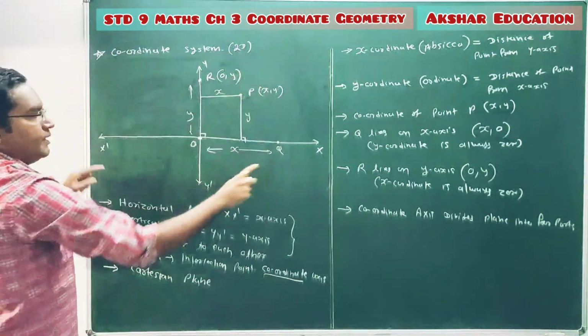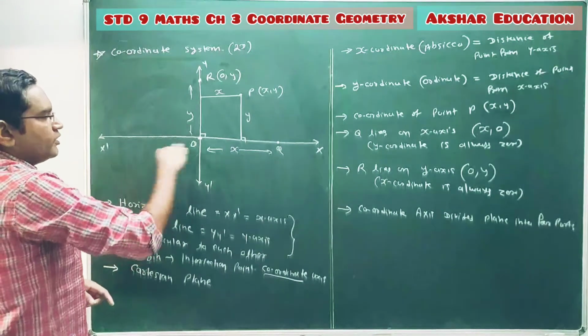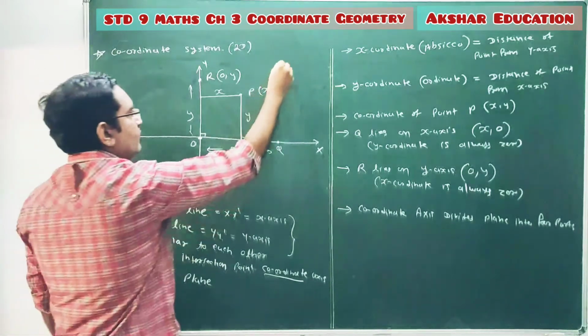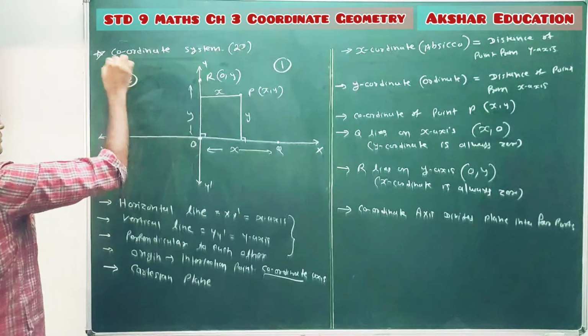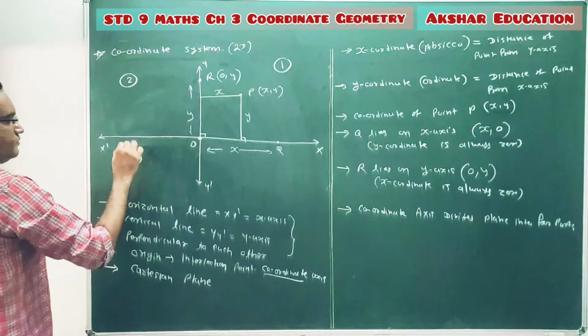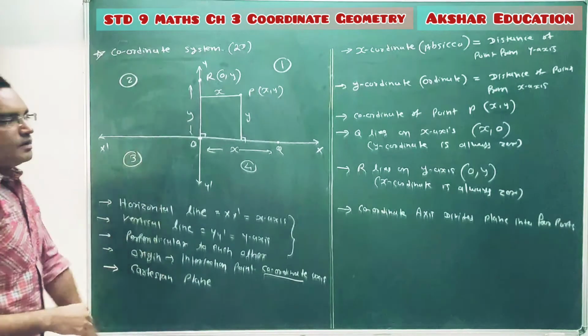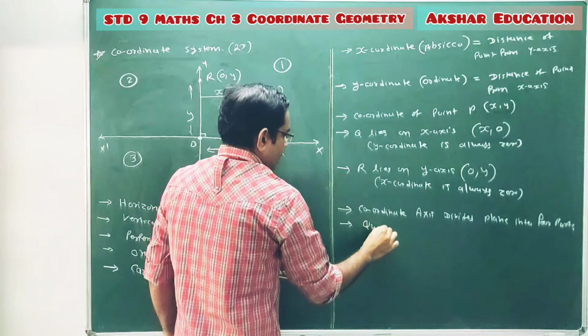This is our Cartesian plane, or the board is our Cartesian plane. If we draw the vertical axis and horizontal axis, it will divide our plane into 4 parts. The 4 parts are this one, this is the first part, second part, third part, and this is the fourth part. So these 4 parts are known as quadrants.